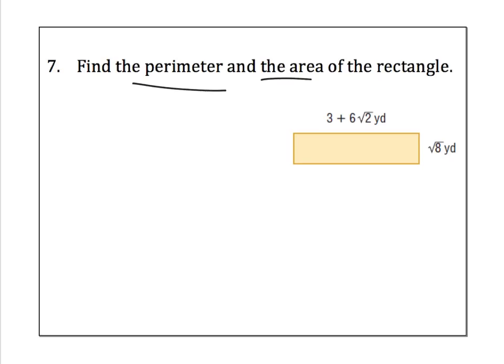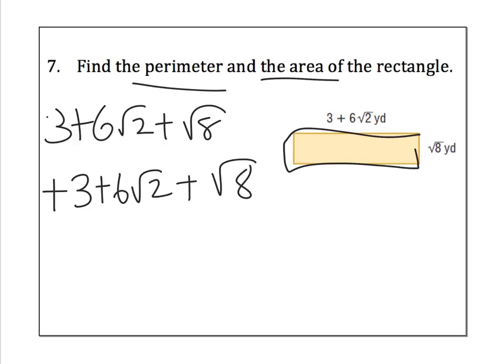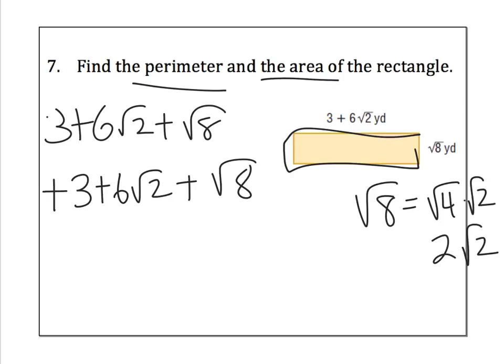So if I figure out perimeter and area, perimeter, remember, is how far do you walk? I'm going to add these things. All right, so before I even get anywhere, 3, 6 square root of 2, 3, 6 square root of 2. Square root of 8 simplified would be 2 square root of 2.